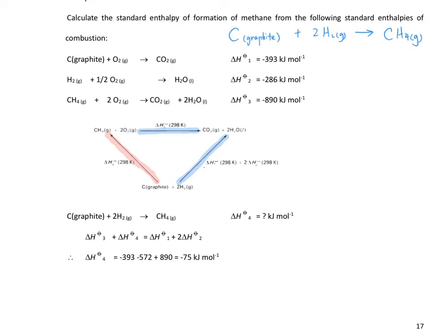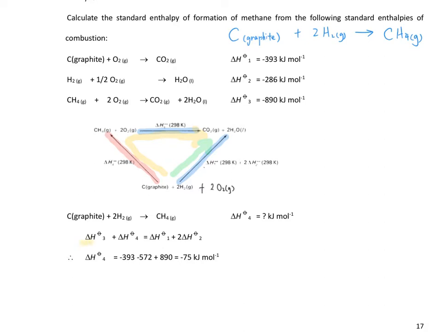provided by the question here. Also, we can find that there are two synthetic routes. We start from carbon to form methane, and then the methane combusts to form carbon dioxide, or the carbon and hydrogen undergo combustion to form carbon dioxide and water.